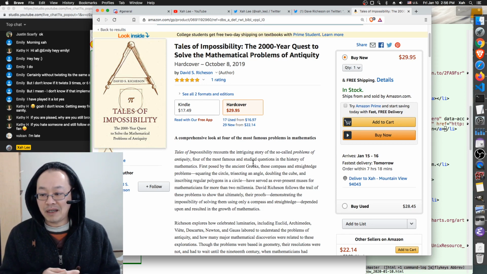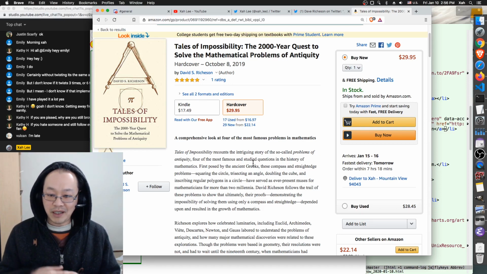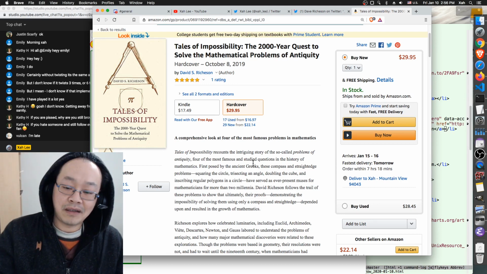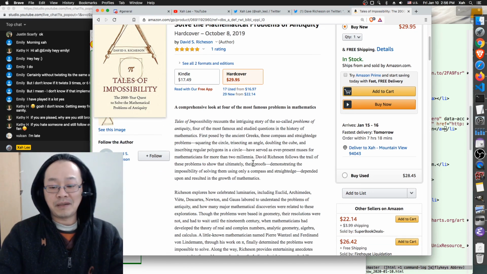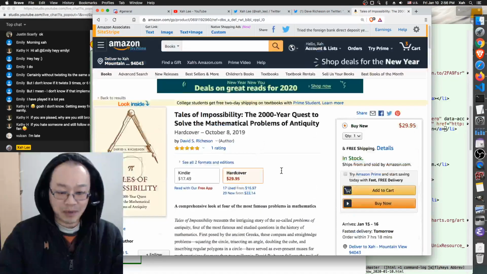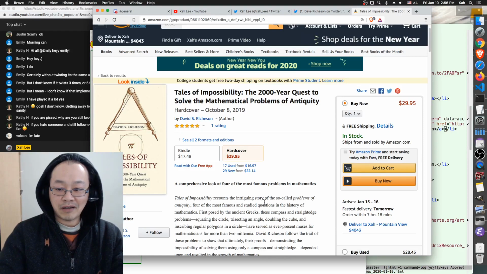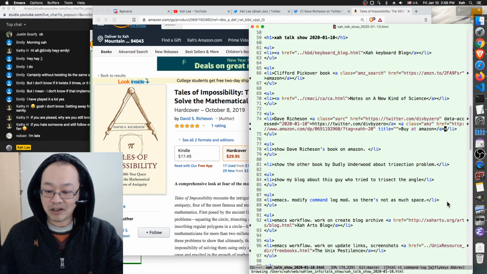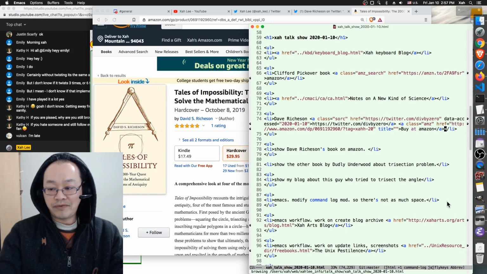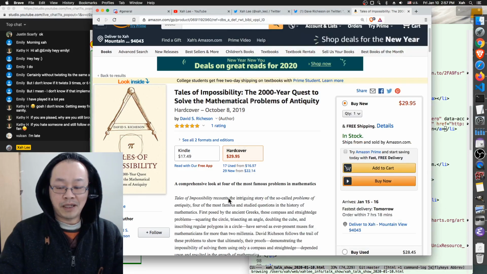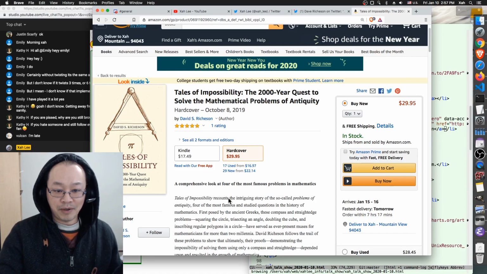For example, they propelled algebra, they propelled geometry, they propelled non-Euclidean geometry, and they are fundamental. So this book, according to the blurb, seems like it's going to talk about the history of these problems and how they drove math development. So you go buy this book.